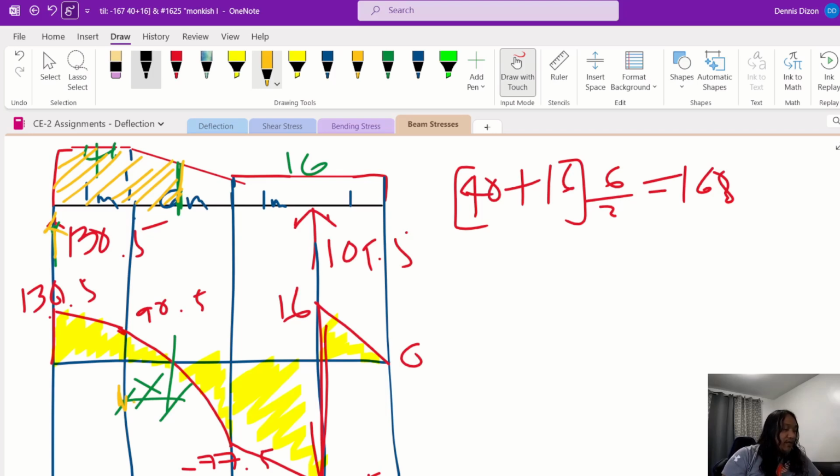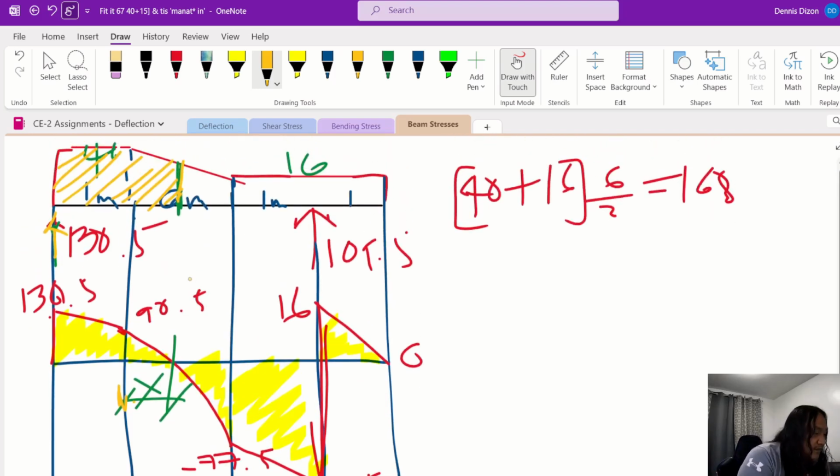To get the distance x where the total shear will be 0, we can do ratio and proportion, but not on the shear diagram, but on the load diagram.